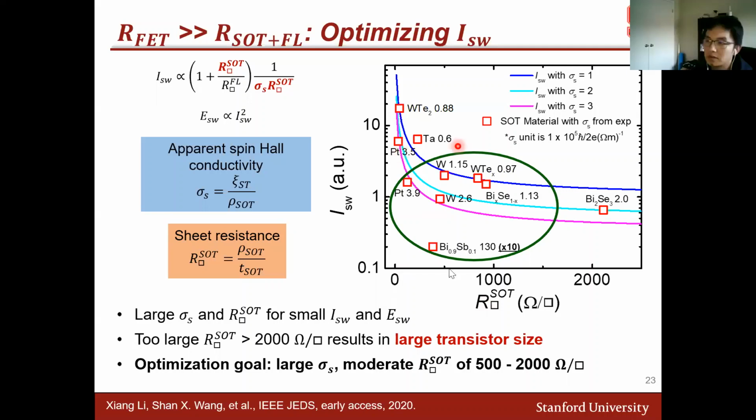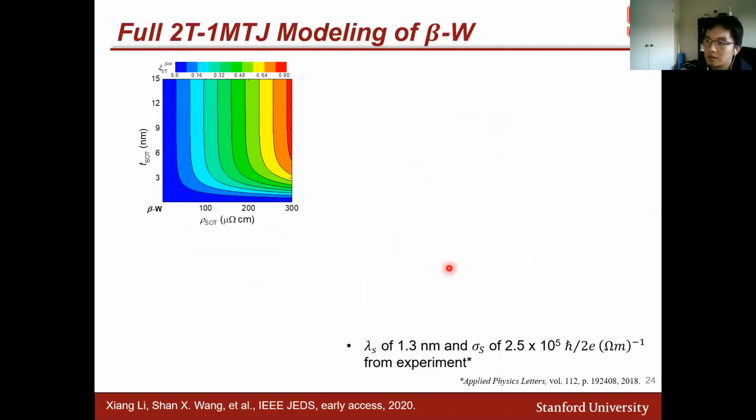And then in the end, we also can model that if we change the thickness and the resistivity of the SOT material rather independently, we can see that, for example, in the tungsten case, you can have different spin Hall angle, right? That depends on the spin diffusion in this case.